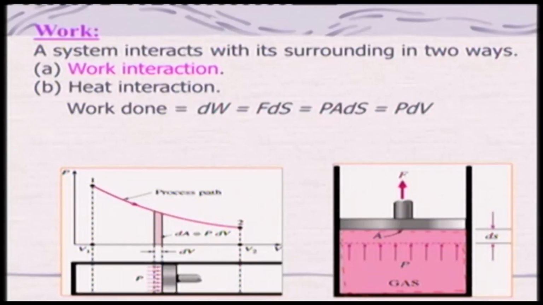From the mechanics point of view, what will the work done be? If I take this tiny strip, the piston has moved through a distance ds, and the force is acting with the pressure P from the system, and with the surface area A, it becomes P A ds. A ds is nothing but the change in volume.